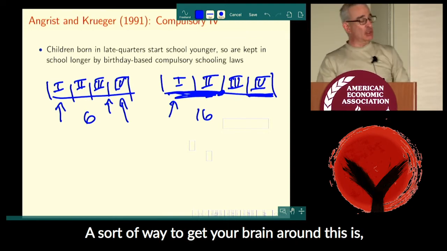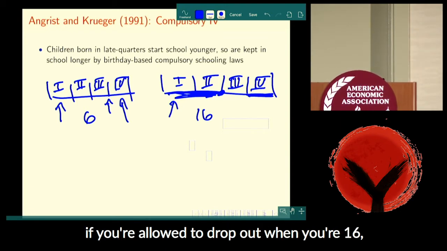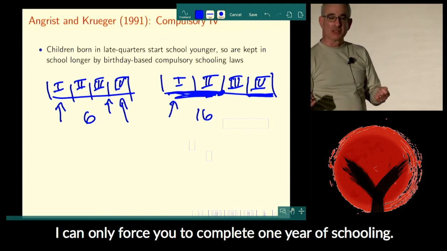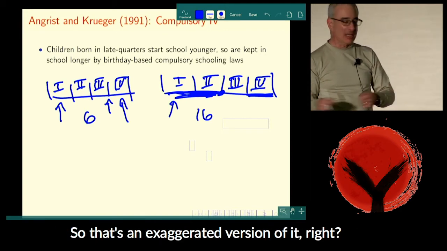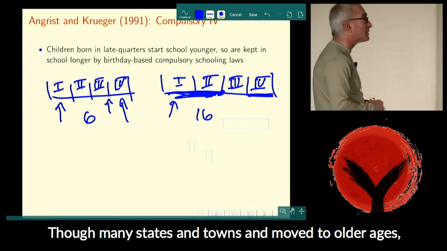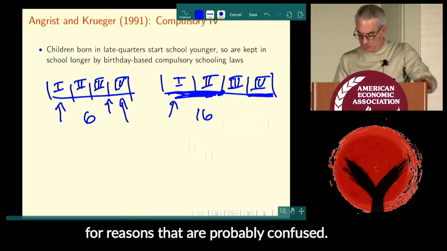A sort of way to get your brain around this is, suppose you start school when you're 15. If you're allowed to drop out when you're 16, I can only force you to complete 1 year of schooling, okay? So that's an exaggerated version of it, right? Though many states and towns have moved to older ages for reasons that are probably confused, okay?